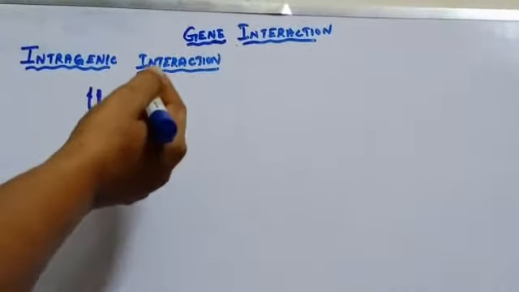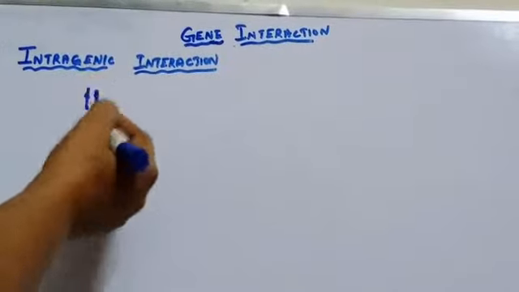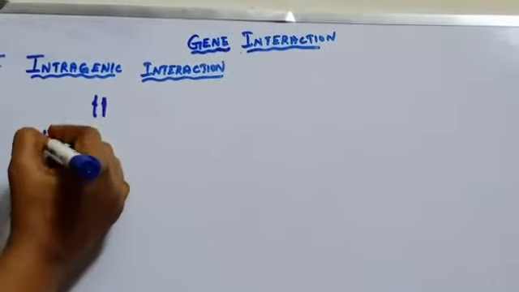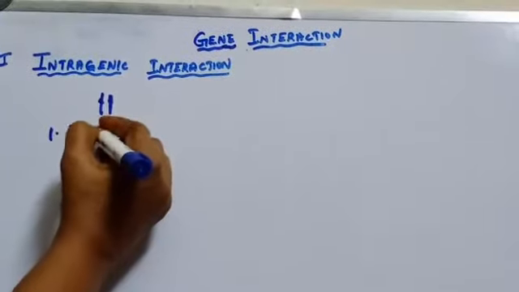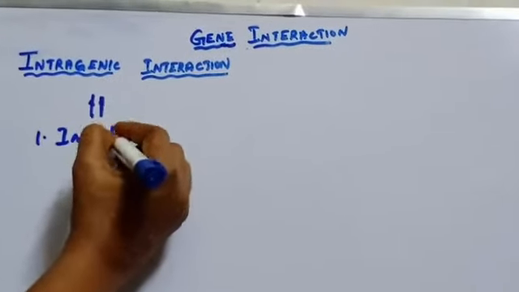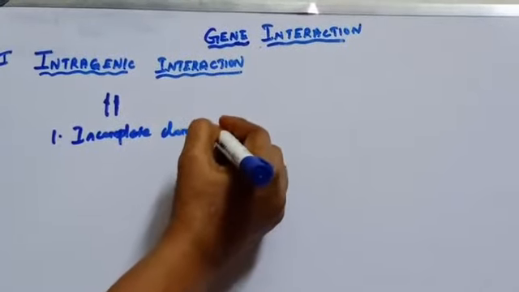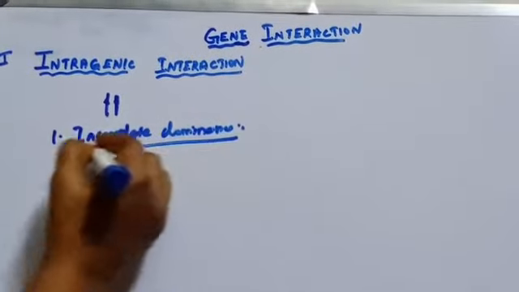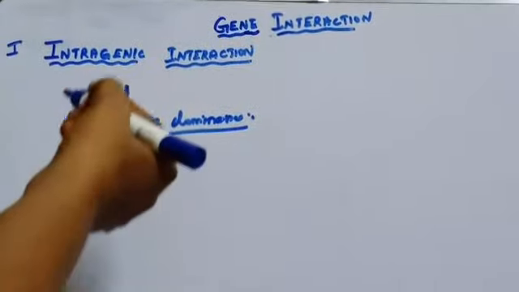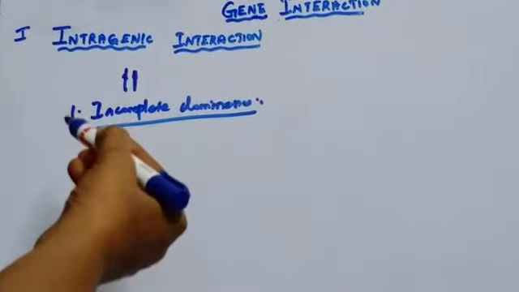Example for intragenic interaction, previously I have explained. The first example we are going to see is incomplete dominance. First you must know what is meant by incomplete dominance.